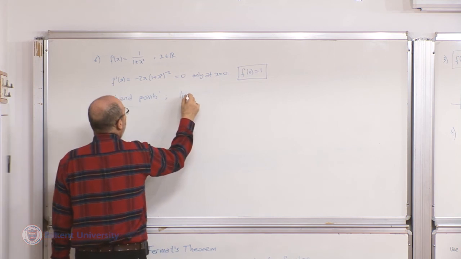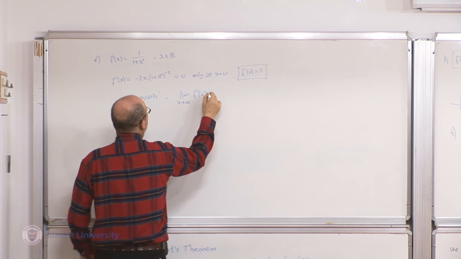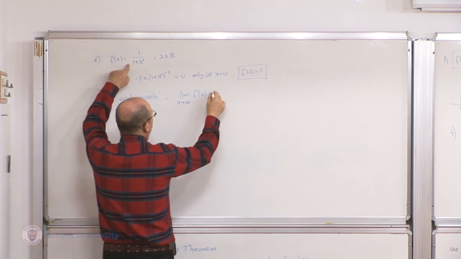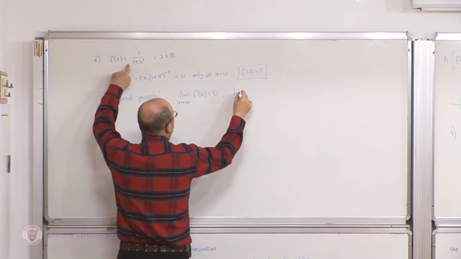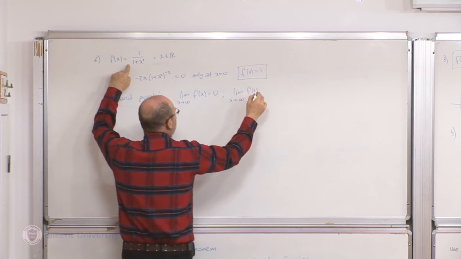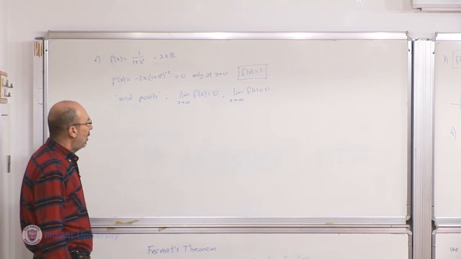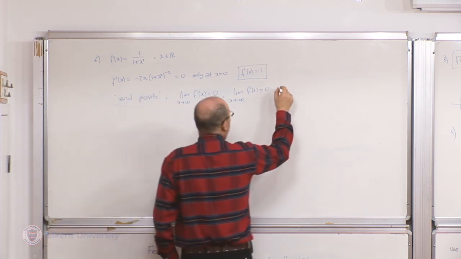So I look at limit as x goes to plus infinity of f of x. Okay, so it is 0. I look at the other endpoint, x goes to minus infinity of f of x. This is again equal to 0. Okay. But the function is never 0.